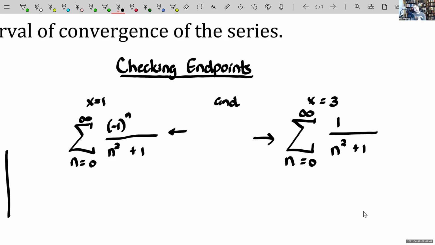So when you are playing with power series and you need to test endpoints, and I'll write this down in ink in a moment, but I want to say it out loud right now. When you find the interval of convergence, in this case, we found it to be from 1 to 3, and you have to test the endpoints, you will have to test, technically, 2 different series.